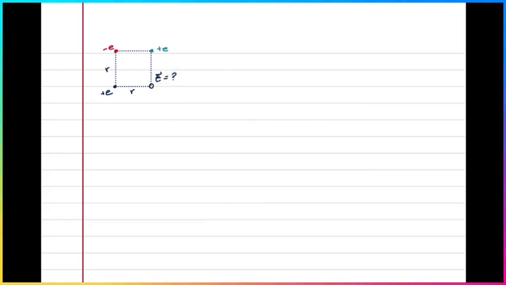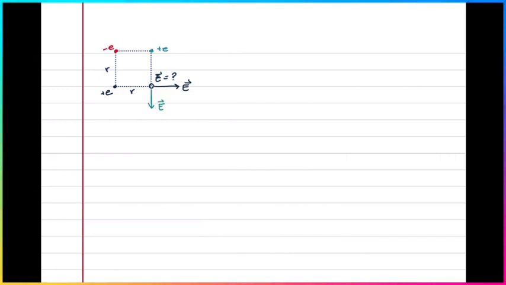So first thing I would do is, of course, think conceptually about what's going on. The lower left charge is a positive charge, so the electric field I know points away in that case. So I know that that electric field is going to point, looks like, in the positive x direction. For the top right charge, it's also positive, so I expect that electric field to point down.